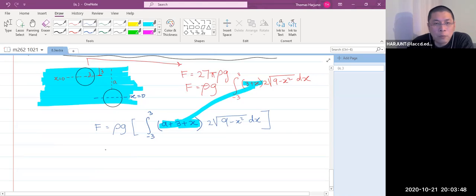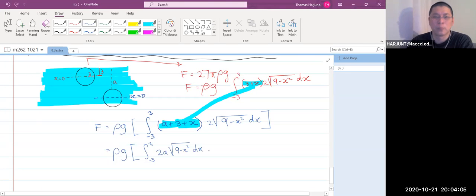Now we have computed this earlier, rho g. Let me split this integral: integral from -3 to 3 of 2a square root of 9 minus x squared dx plus integral from -3 to 3 of (3 plus x) times 2 square root of 9 minus x squared dx.